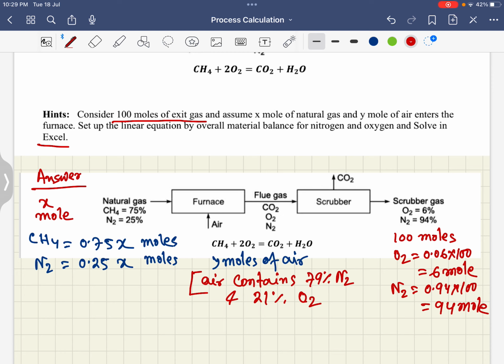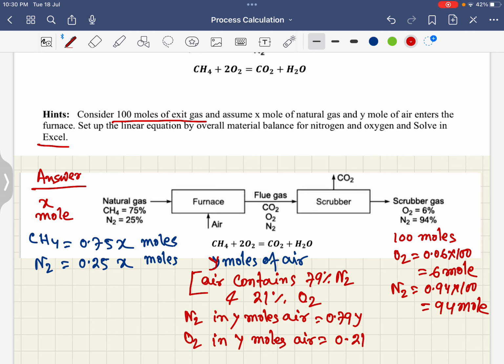Now y moles of air is entering the furnace. In those y moles of air, nitrogen will be 0.79 into y, and oxygen in y moles of air will be 0.21 y. So now we have all these things.